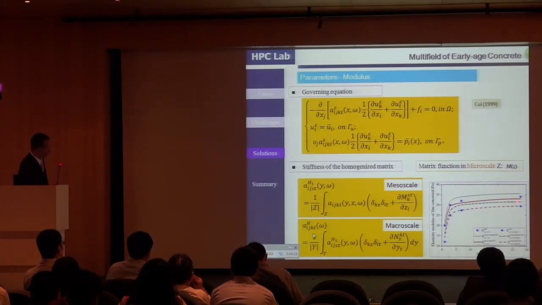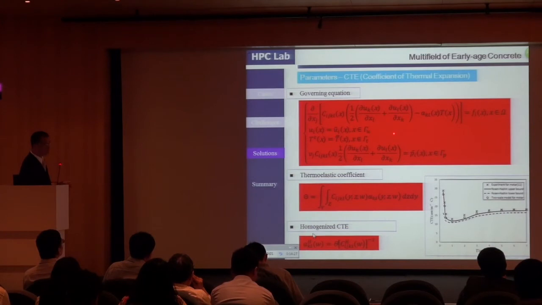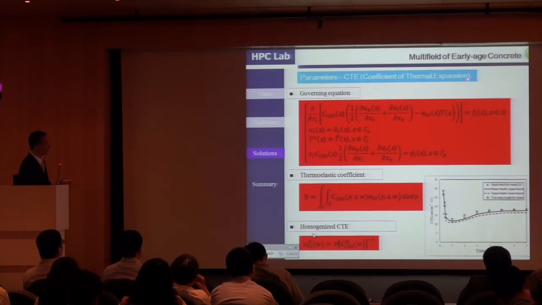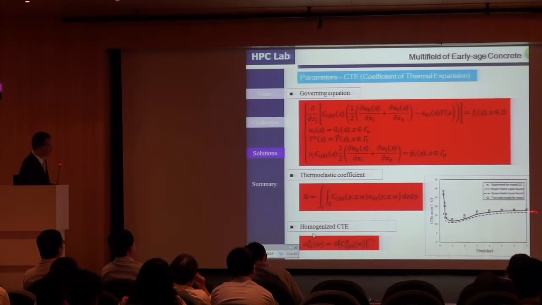This figure shows the comparison between the predicted one and the practically measured one. That could be workable, I think. And we could apply the same method to predict the coefficient of thermal expansion, with a similar formula. This gives validation of the coefficient of thermal expansion.